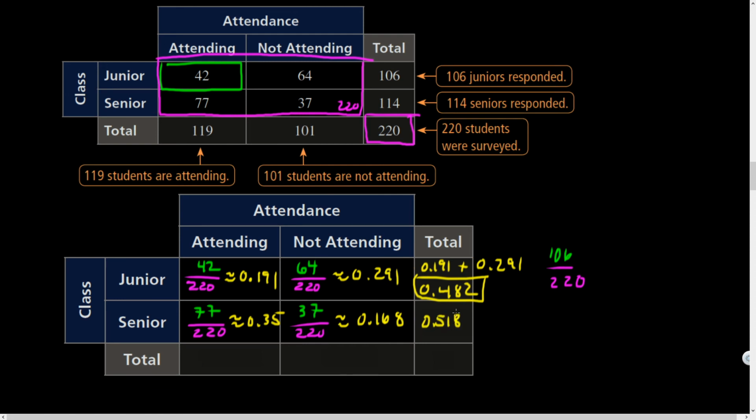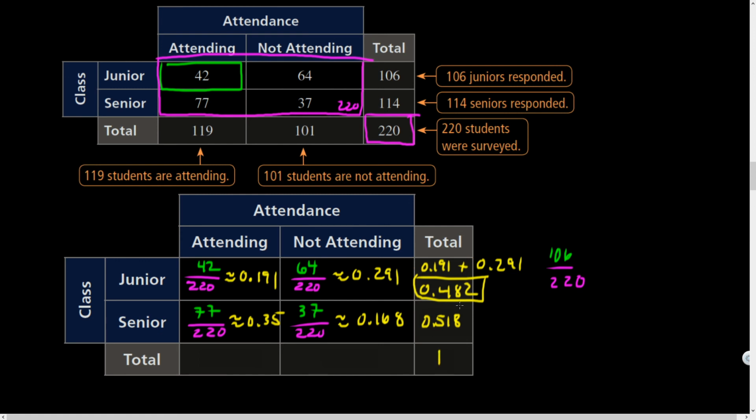You get 0.518. Now, notice if I add this column, what's the total number of students? What percent of them were polled? Well, what percent of the students polled are in the survey? All of them. All of the ones I polled are the ones that I polled. It's 100%.